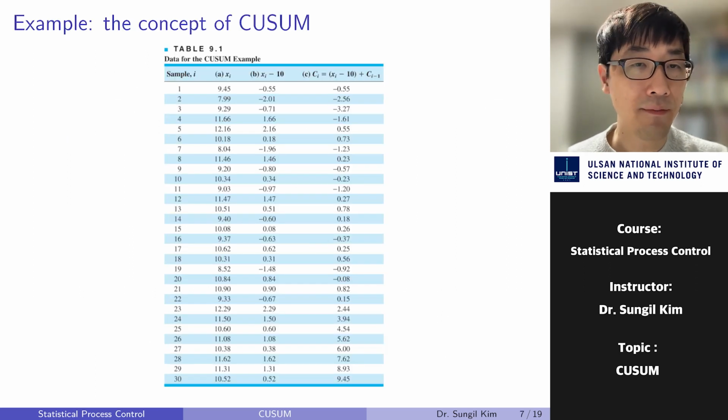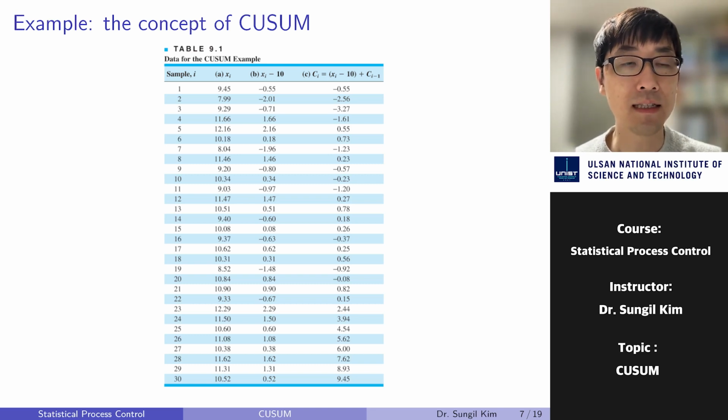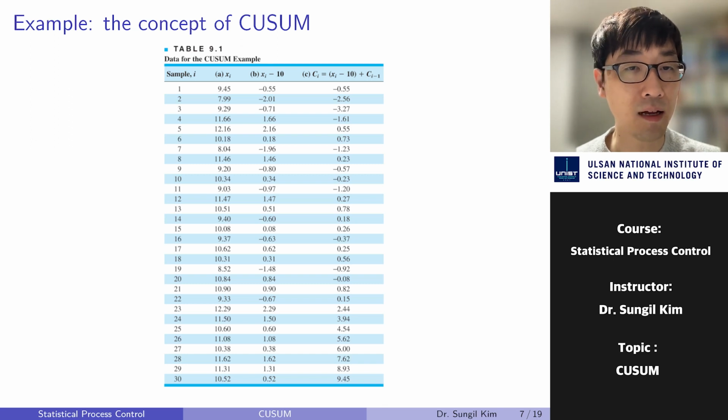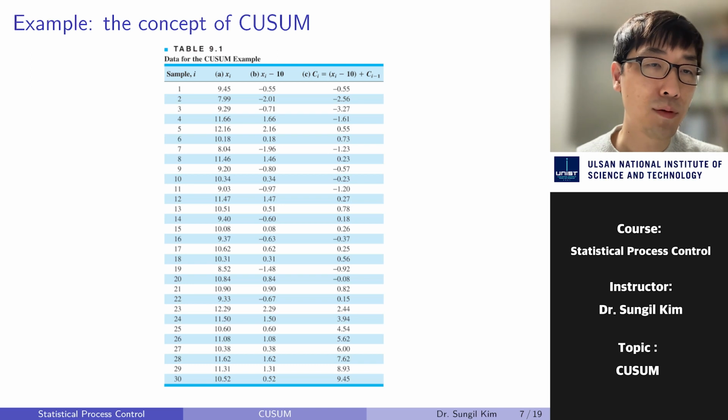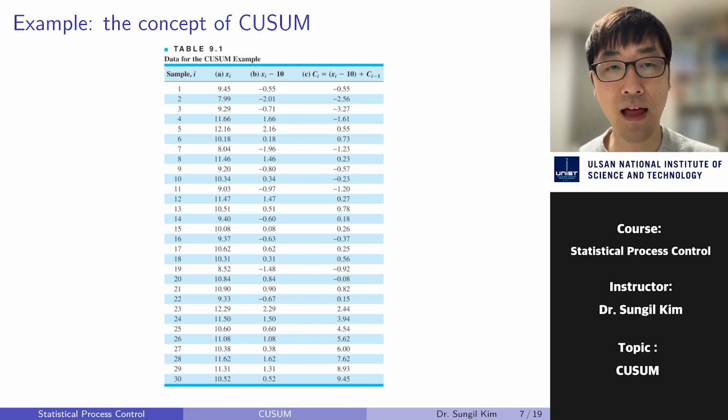Let me explain the difference between the QSUM and Shewhart control chart using this example. Suppose there are 30 individual observations, then we can simply apply the QSUM formula and compute the values of Ci. Up to the 20th observation, the true mean was 10, and from the 21st observation, the true mean was changed to 11.